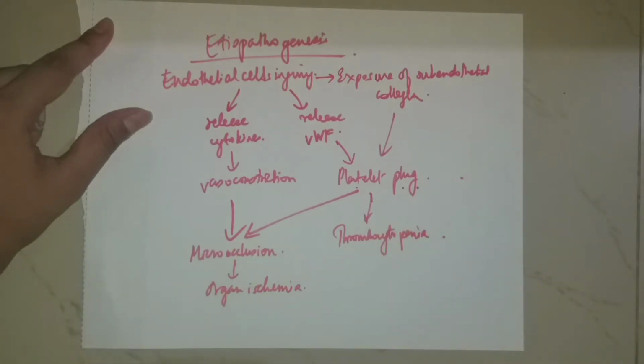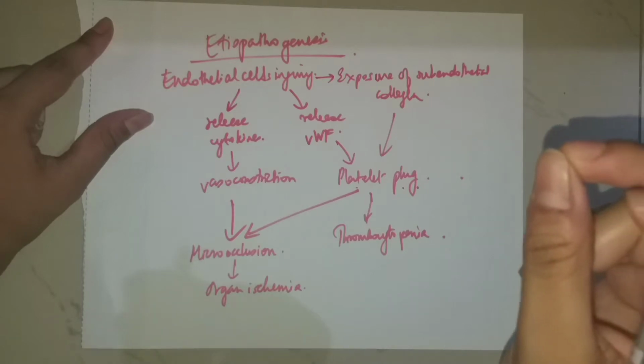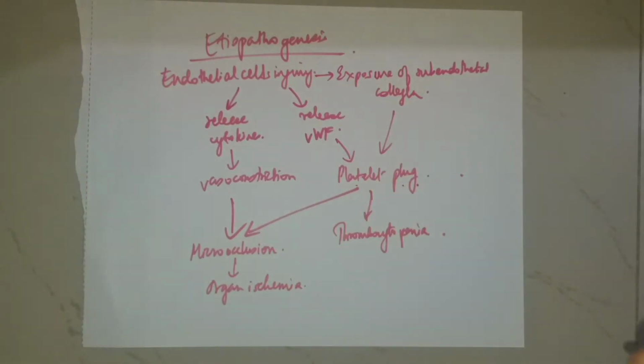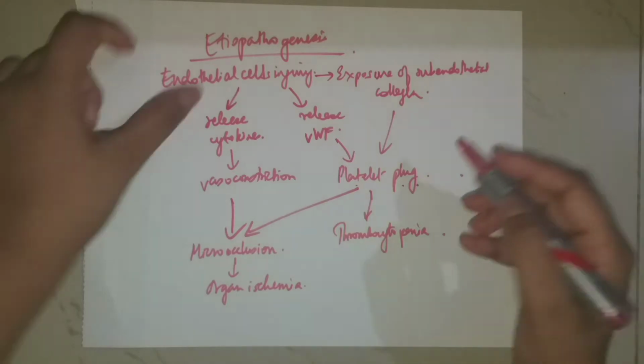So the RBCs will try to squeeze through the blood vessel, because of which there is deformation or breakdown of the RBCs, causing hemolysis.